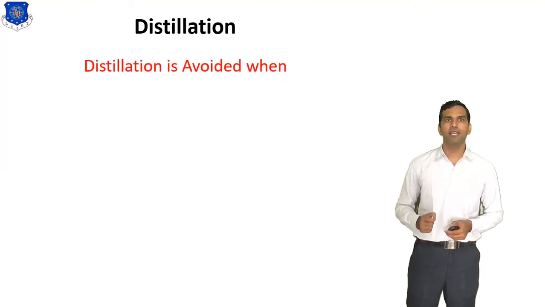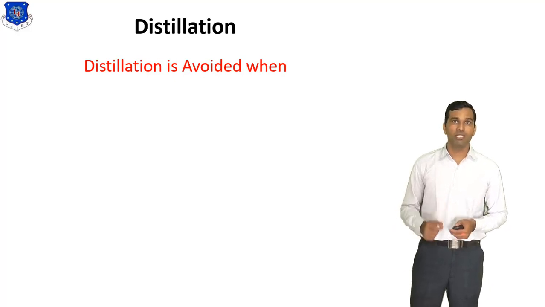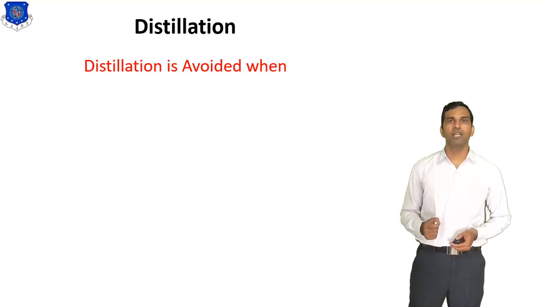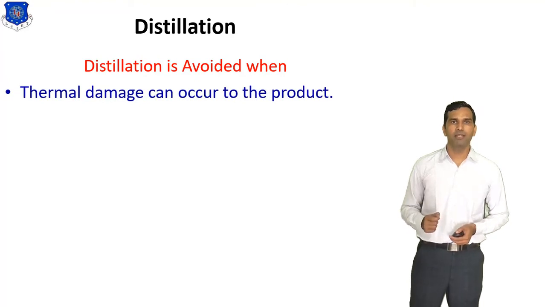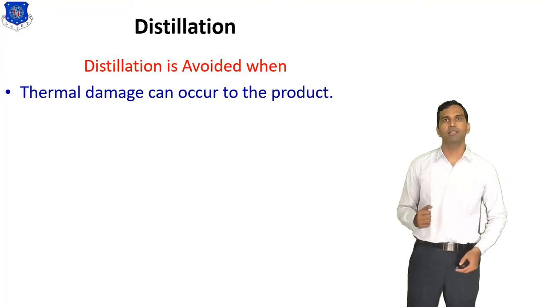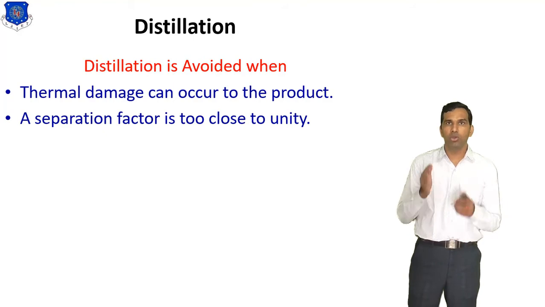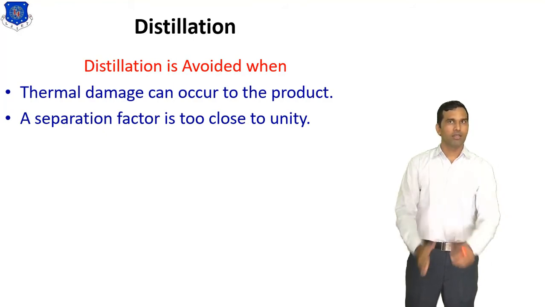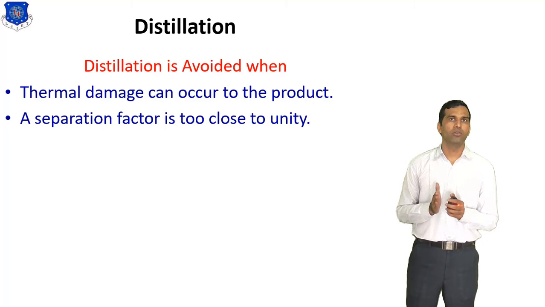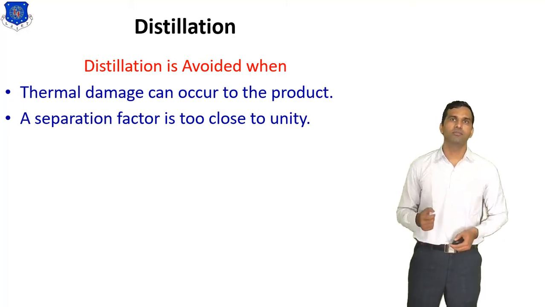Now, when is distillation avoided? There are some circumstances when distillation is avoided. The first one is when thermal damage can occur to the product. Second, when the separation factor is too close to unity, that means it is very hard to separate the two products, so we cannot use distillation.